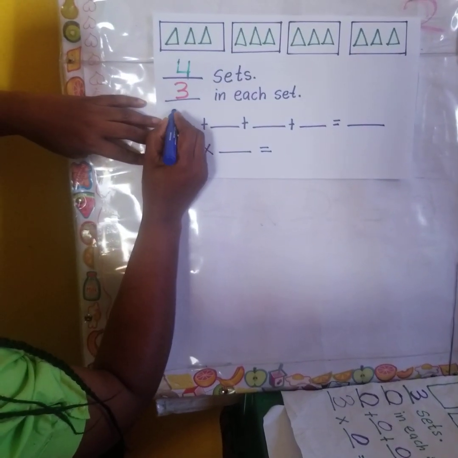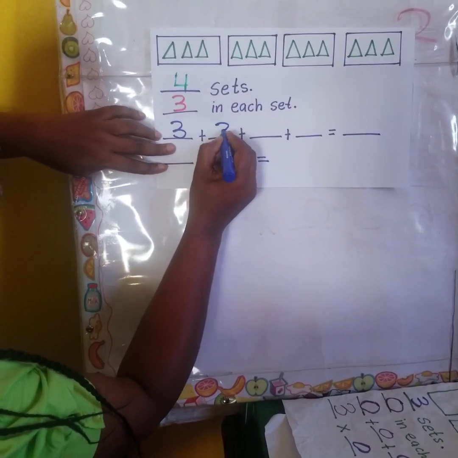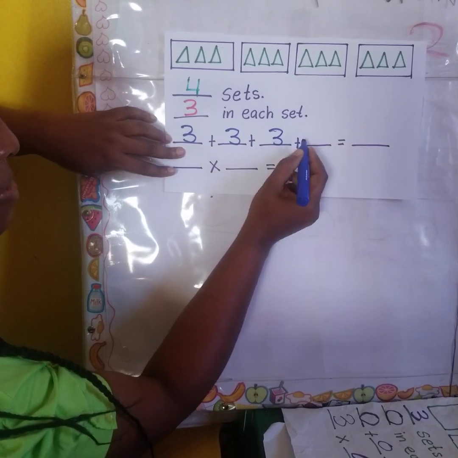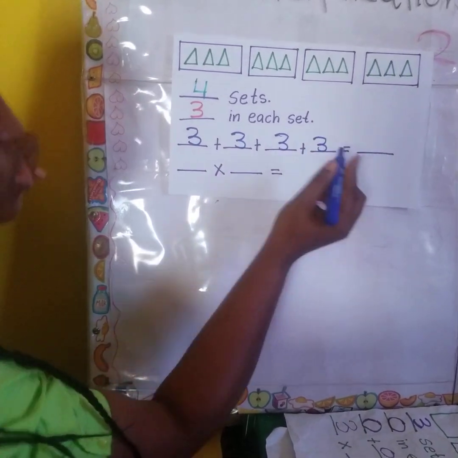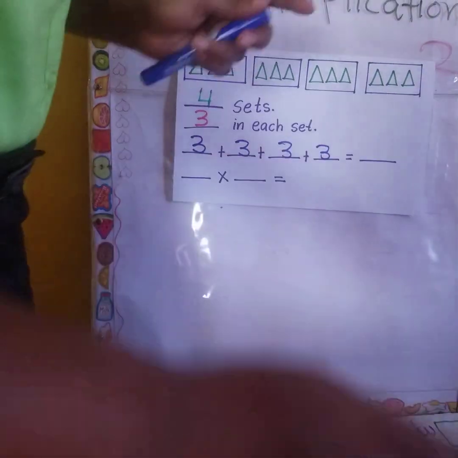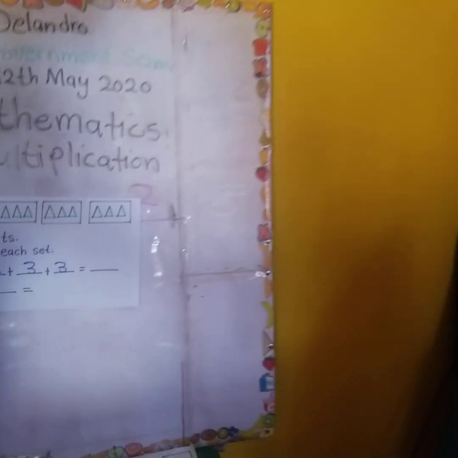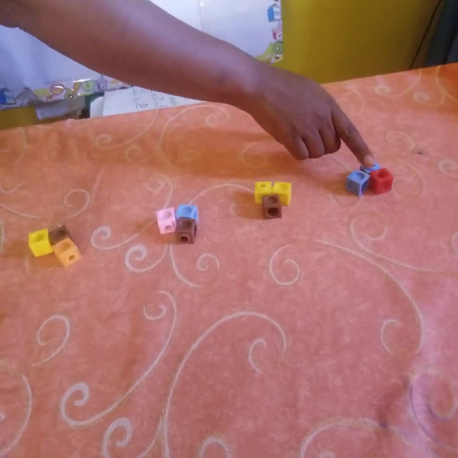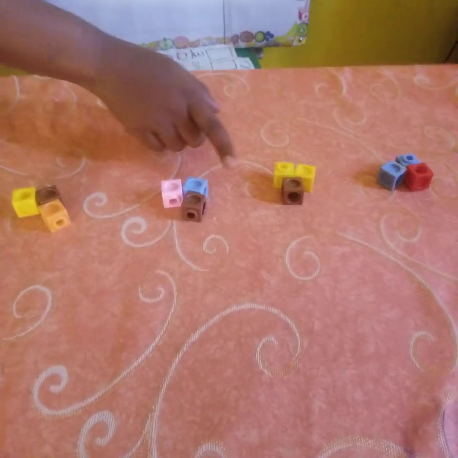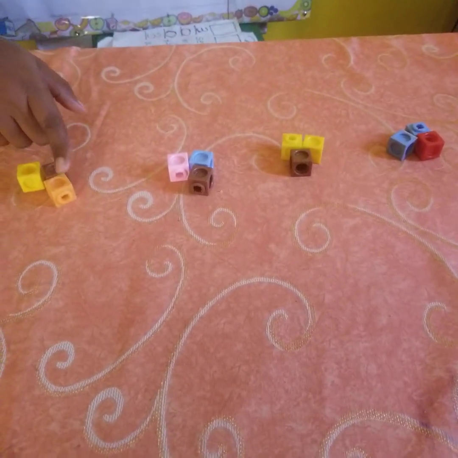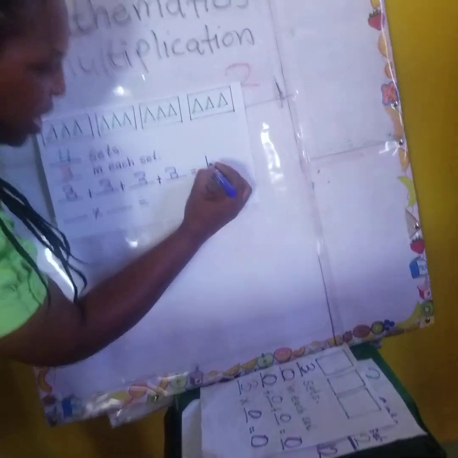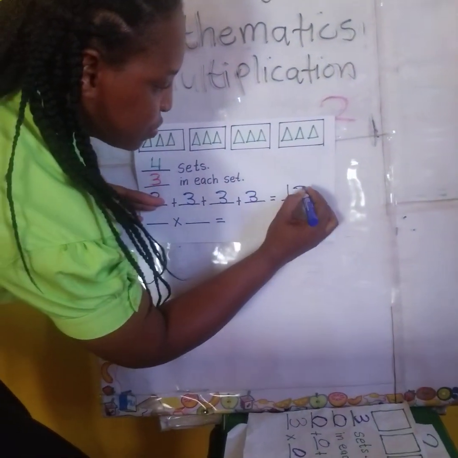So it will be 3 plus 3 plus 3 plus 3 is equal to something. When we did it, what did we get? 1, 2, 3, 4, 5, 6, 7, 8, 9, 10, 11, 12.